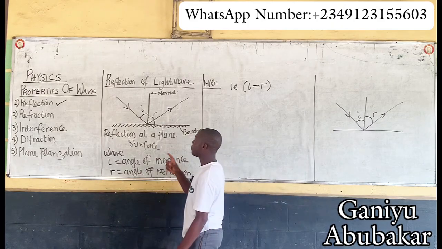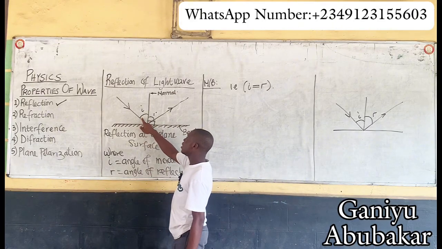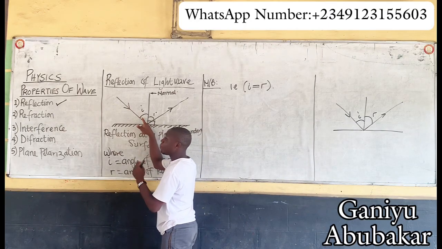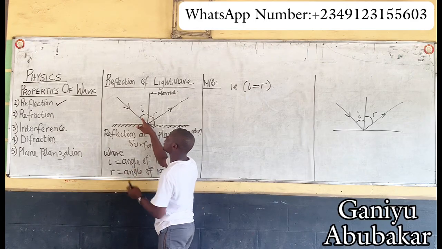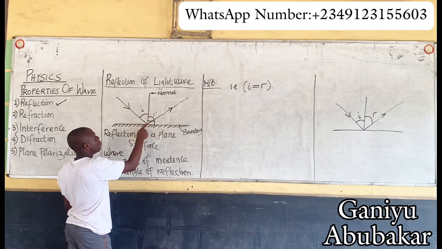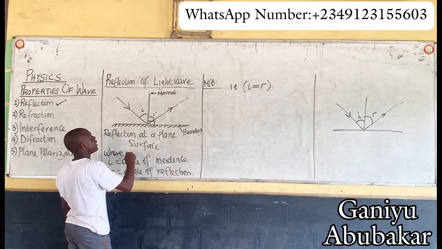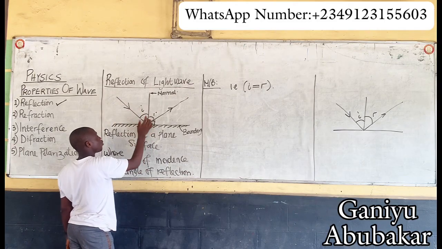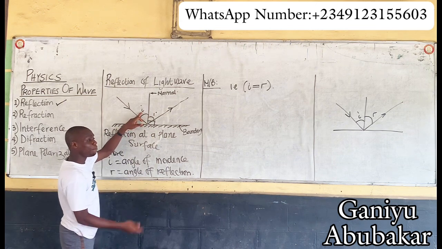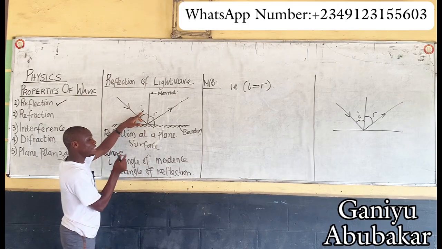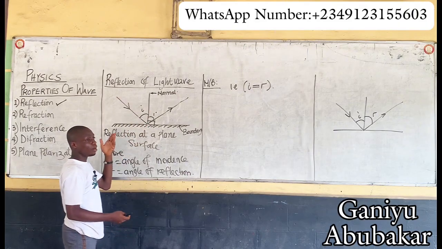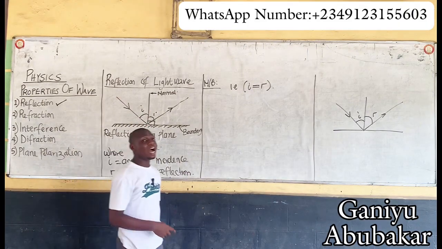The angle of incidence can be defined as the angle formed when the incident ray and the normal meet. That's how you define the angle of incidence.